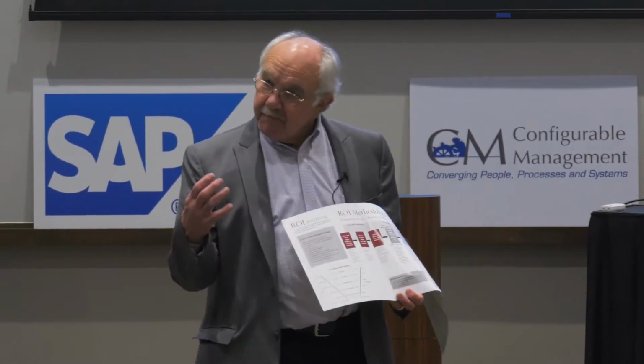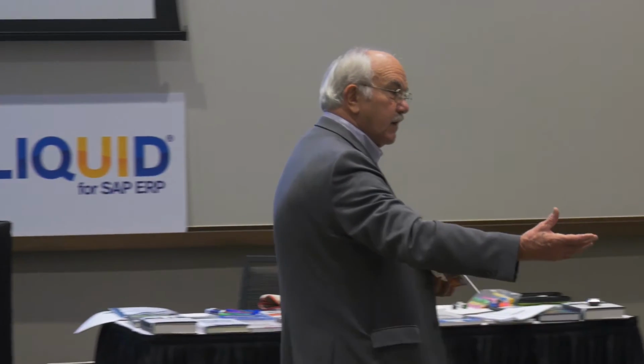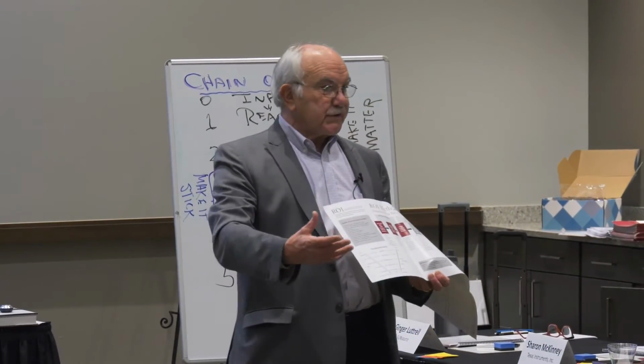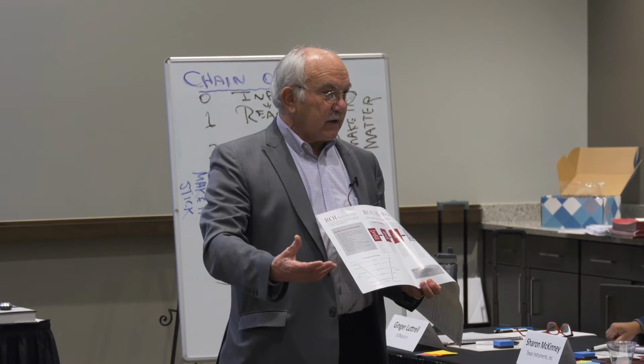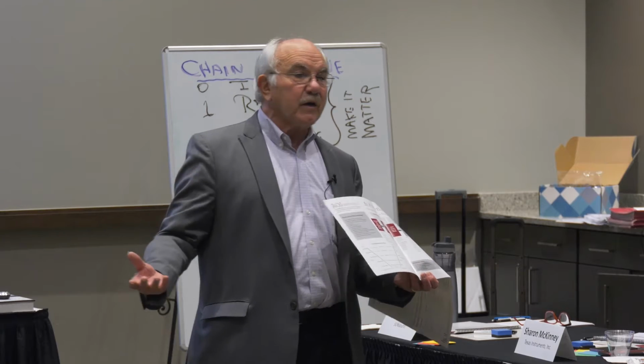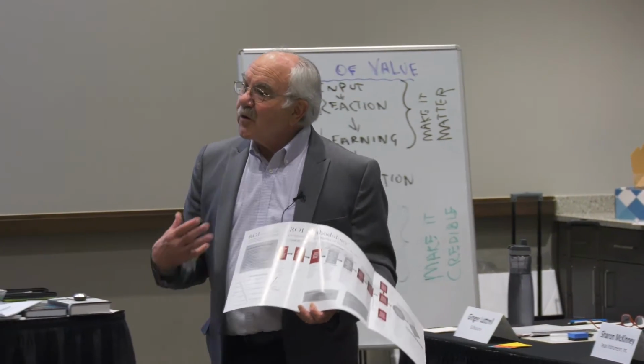And as we'll see, the key thing that came out today was that your executive sponsor wants to see the business impact. They don't get excited about reaction. You can say, hey, they love working with us, they don't care. And if you say, they're learning a lot from us, they don't care.